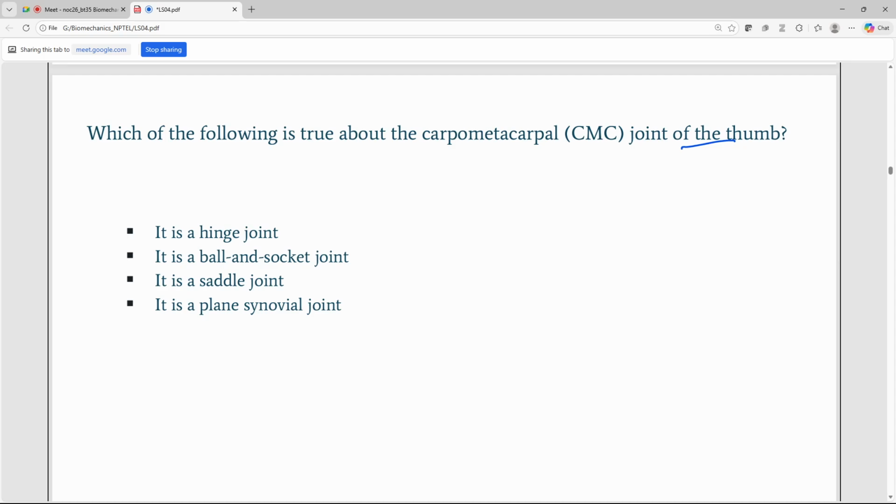So if you try to check what all motions are there for the CMC of your thumb, then you can easily eliminate the options and reach the answer.